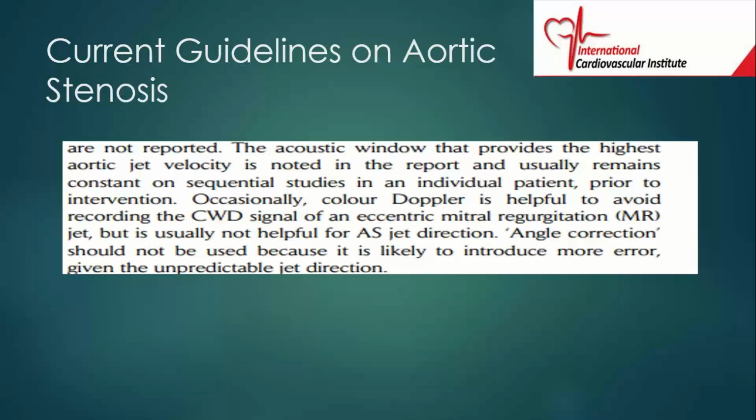All the valves are closed, and there's relaxation, and we call that the IVRT, isovolumic relaxation period, where all the valves are closed, the LV muscles are relaxing, but the mitral valve is not yet open. Then the mitral valve opens and you get your E velocity.